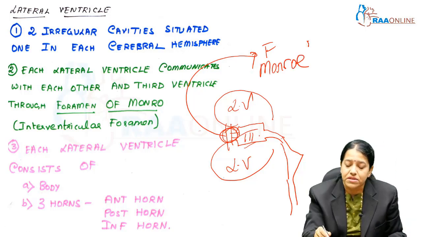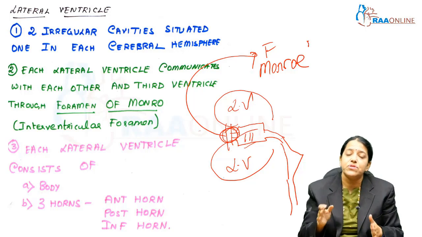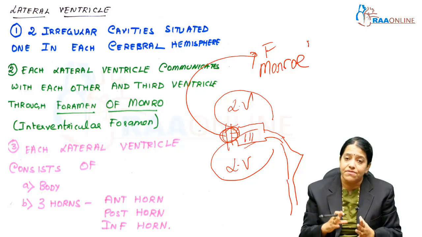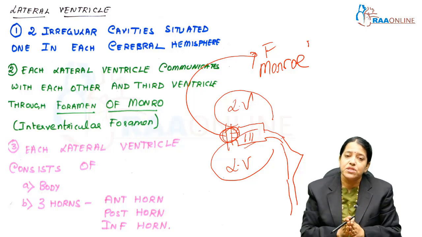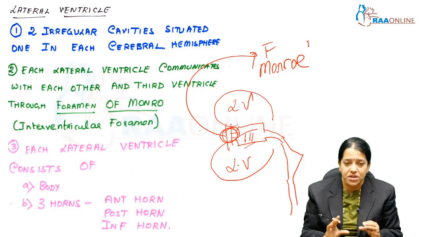Then we have the third ventricle, which is the cavity of the diencephalon. It is present between the two thalami, and on the floor of the third ventricle we have the hypothalamus. Between the two thalami there is a slit like space, and that forms the third ventricle.